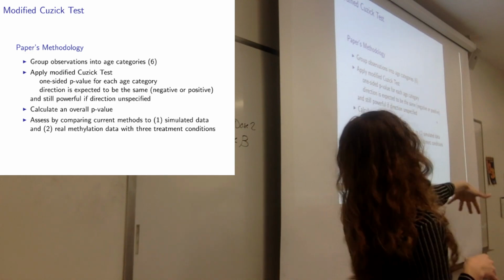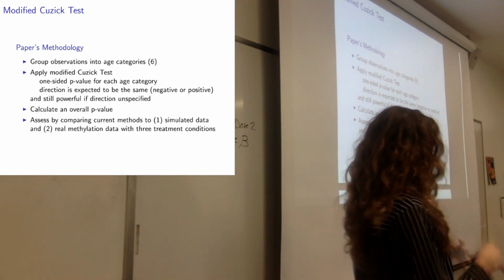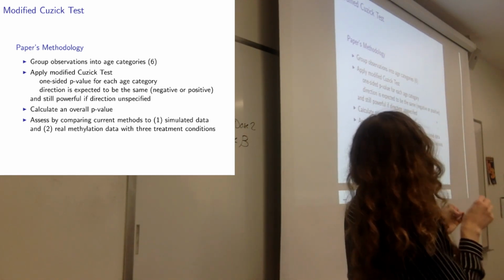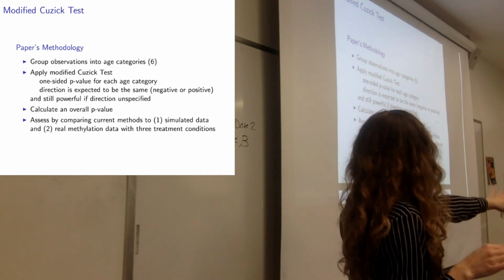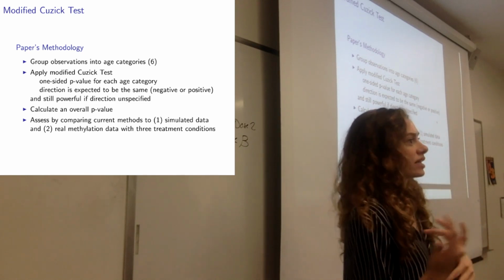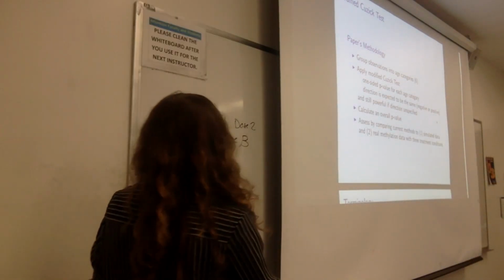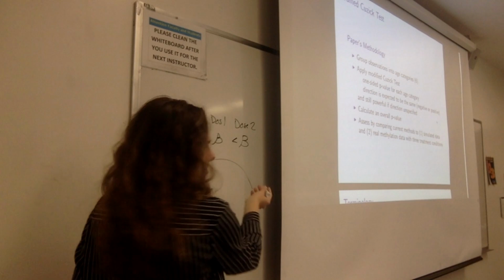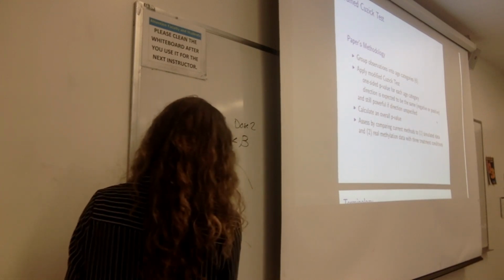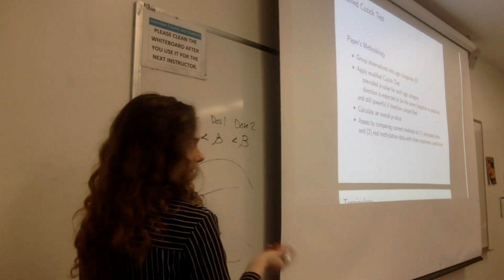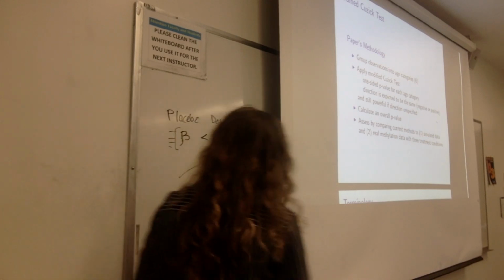Then you're applying this modified test, which I'll show you. And you get a one-sided p-value because we're looking for a one-directional change. And the direction is expected to be the same. So we're testing for a monotonic trend, so we don't expect something like this. We only are looking for things that are like this, and they don't have to be linear either. They just have to be monotonic.